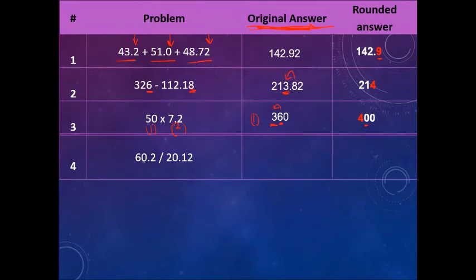Down here for dividing, what is our calculator answer? Who did that division and has the calculator answer? Anyone? Okay, good. Let's go for digits now. How many digits here in our 60.2? That's 3. How many digits in this one?